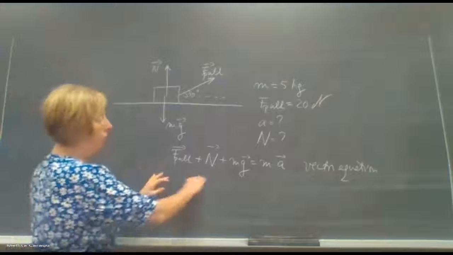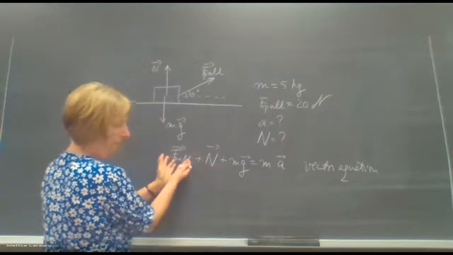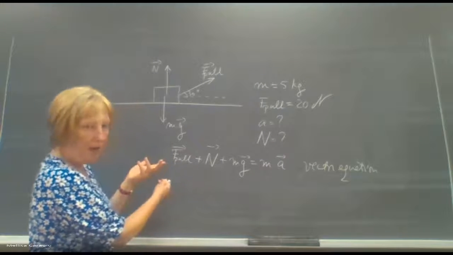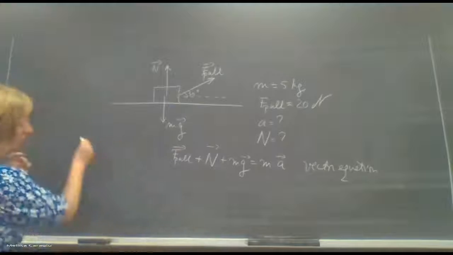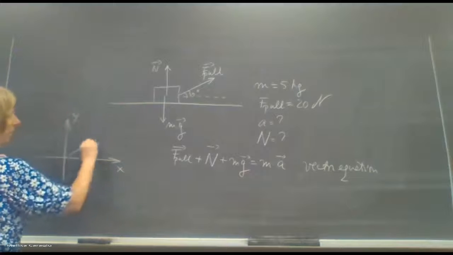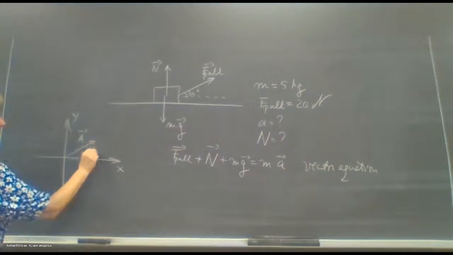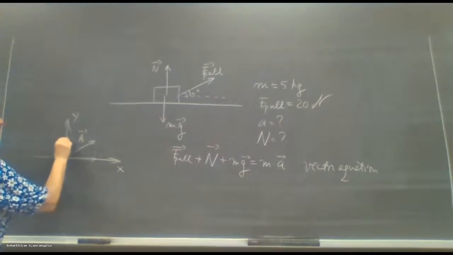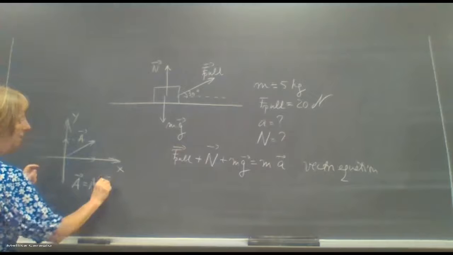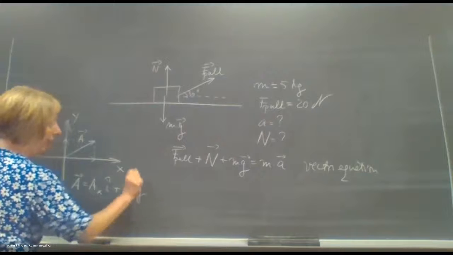So where do the 2 scalar equations come from? From basically considering that every vector has the x component and the y component. You remember how we used to write vectors? Just recall that we used to say that any vector A, for instance, in an xy coordinate system, is equivalent to the following expression: the x component of the vector times i hat plus the y component of the vector times j hat.